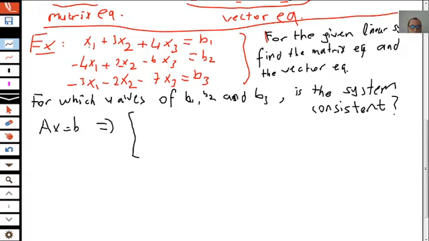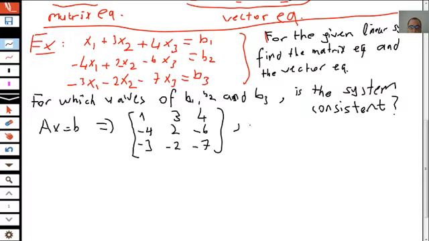The coefficients of x1 are 1, minus 4, minus 3, and the coefficients of x2 are 3, 2, minus 2, and we have 4, minus 6, minus 7 for x3.